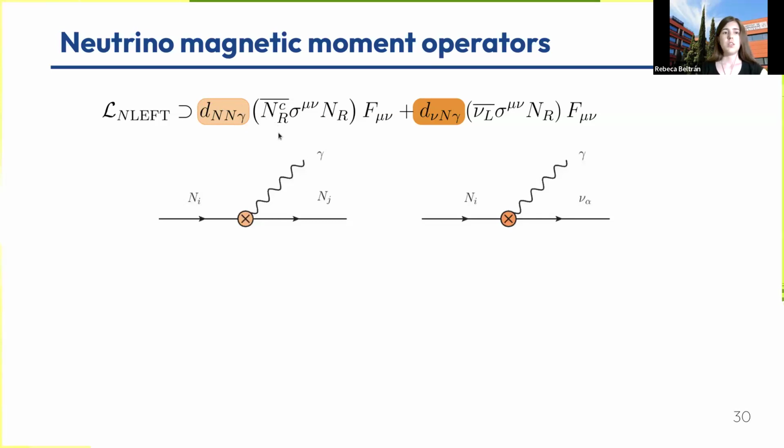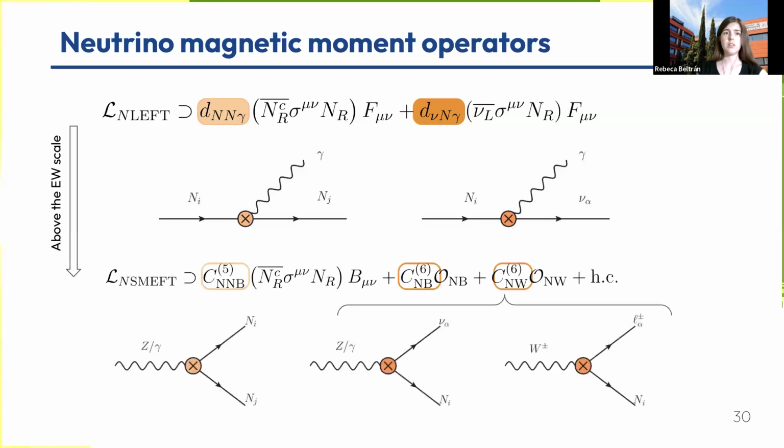Now, these two operators arise from operators above the electroweak scale in the NR SMEFT, and in particular from these three terms. So this first operator, which is a dimension 5 operator, generates at lower energies this term, while these other two operators will generate the active-sterile neutrino magnetic moment.